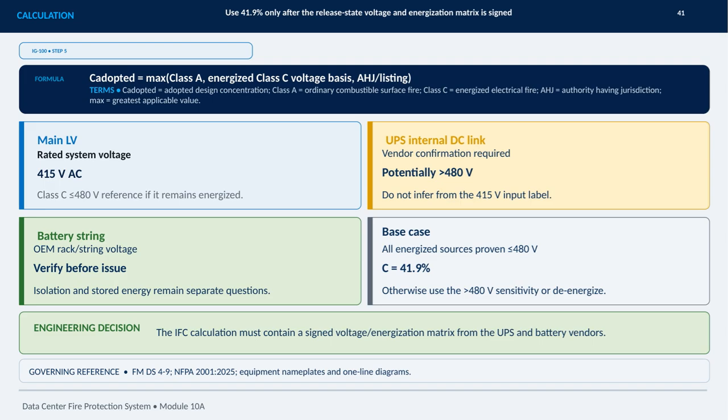Otherwise, the design must address the greater than 480 volt sensitivity, or the equipment must be de-energized. The IFC calculation must include a signed voltage and energization matrix from the UPS and battery vendors, supported by FMDS 4-9, NFPA 2001:2025, nameplates, and one-line diagrams.